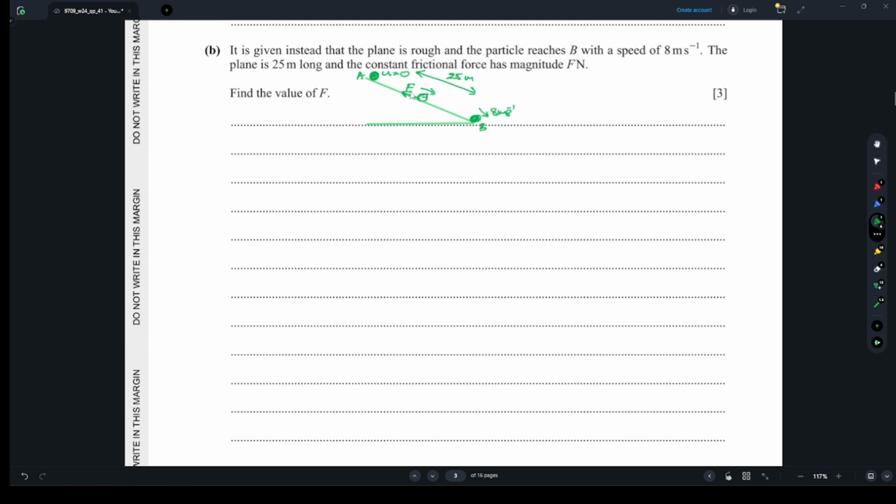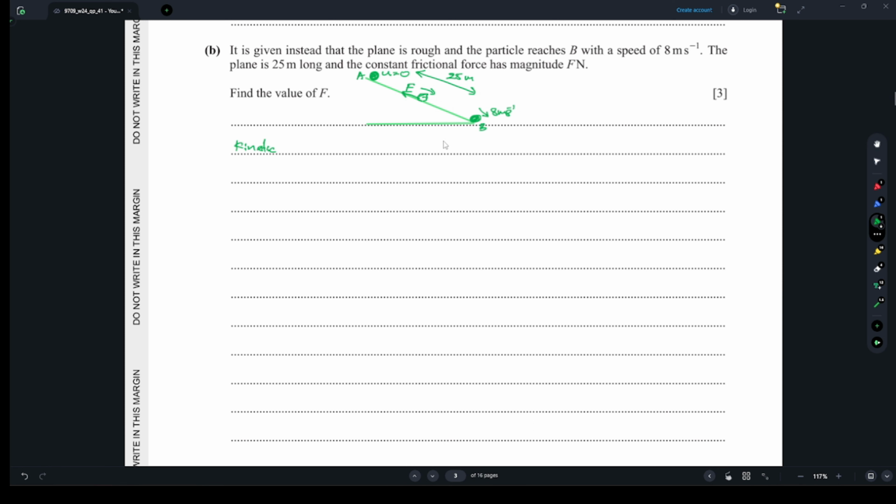Okay, so in this case you have to consider all of these. So the total potential energy is equal to the kinetic energy it gained and also the work done against the friction. So we can find one by one. So first let's find the kinetic energy at point B.